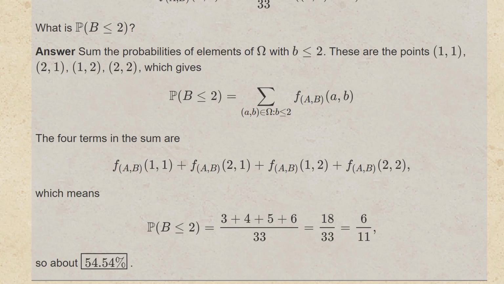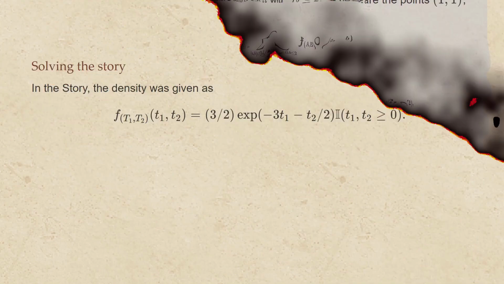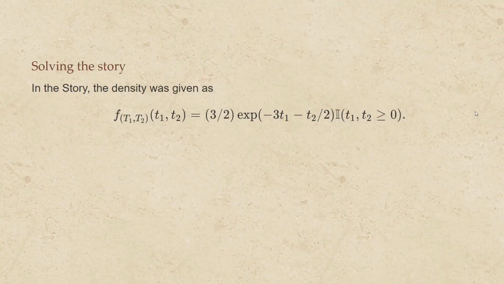Which means the probability is going to be 3 plus 4 plus 5 plus 6, all over 33, which gives you 18 over 33, or 6/11, which is about 54.54%.